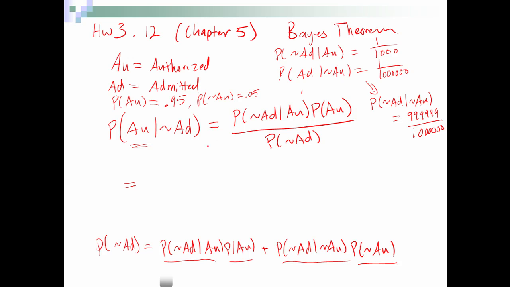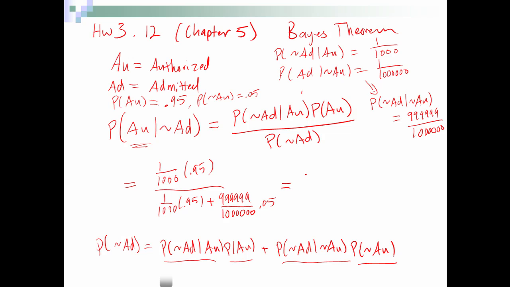and we'll get 1 over 1,000 times 0.95 divided by 1 over 1,000 times 0.95 plus 999,999 over 1 million times 0.05.